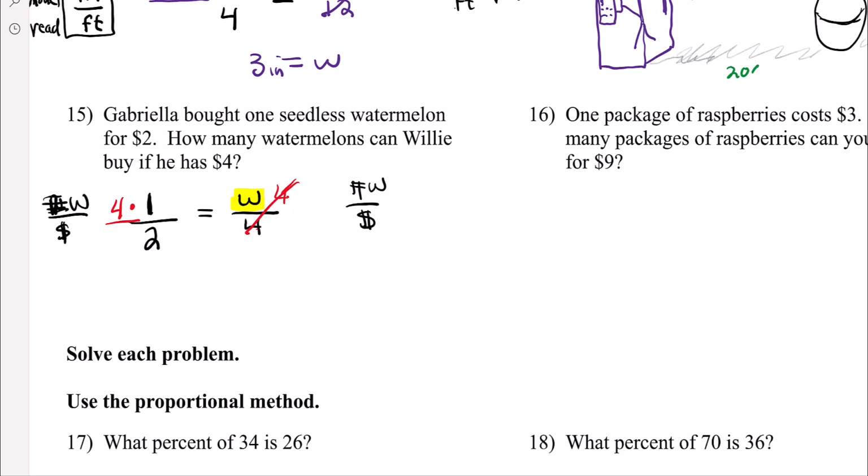Whoops. Oh, what I should have told you is there's a dollar sign, there's a dollar sign, and then the dollar signs cancel, and then when you get 2, that's the number of watermelons.